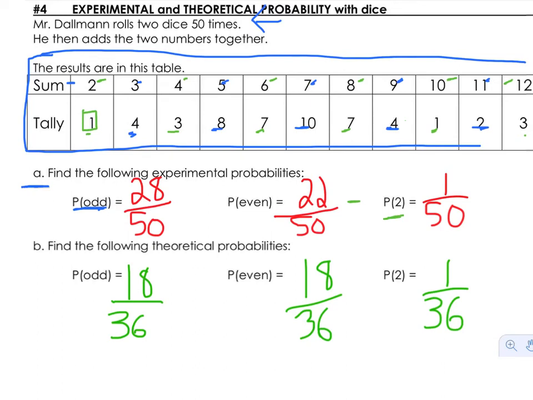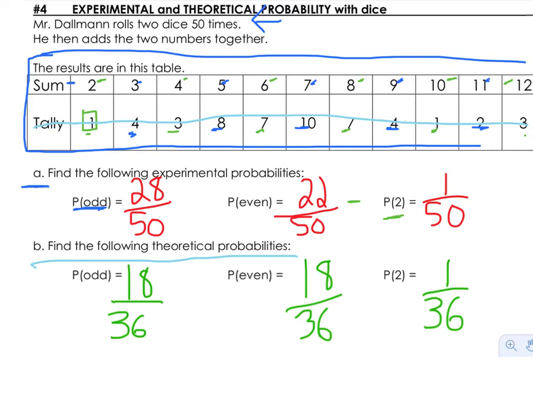Now for the letter B, I'm going to completely shift gears here. Find the following theoretical probabilities. I pay no attention to this table and how many times he rolled something. That is the key. Do not pay attention to the information that is up here. We are only looking at how many combinations of numbers can Mr. Dahlman get.